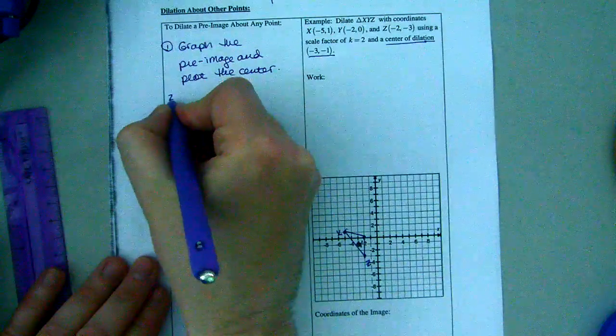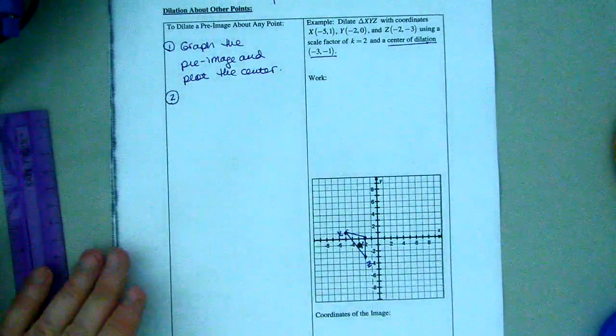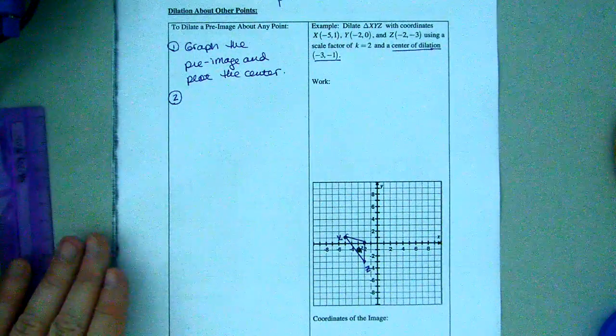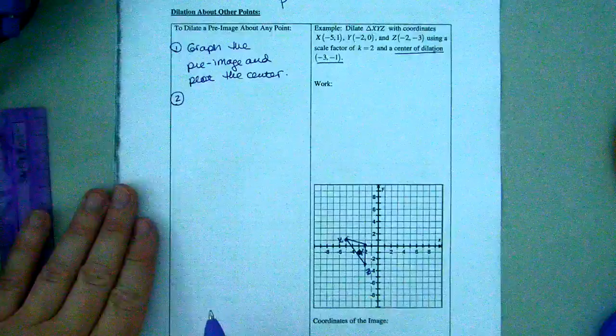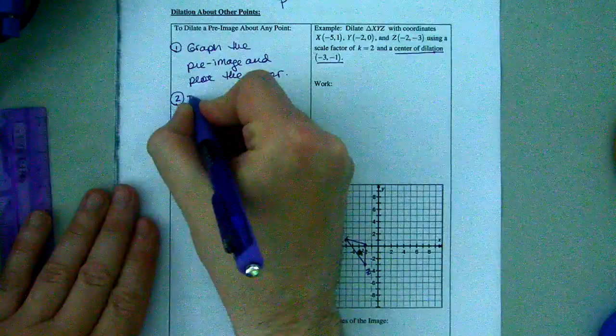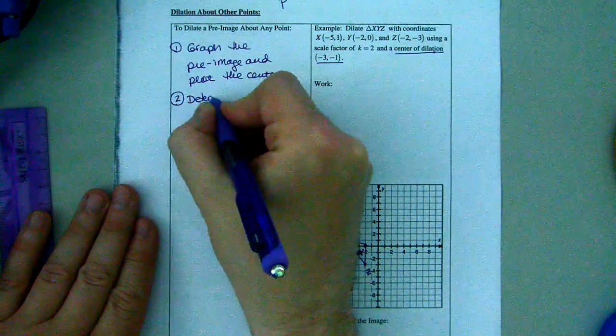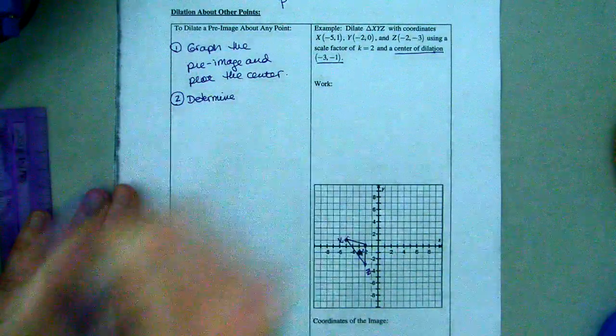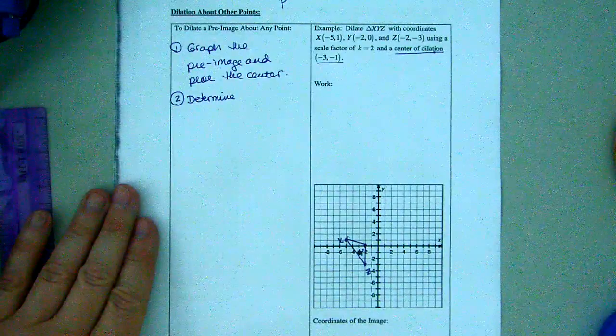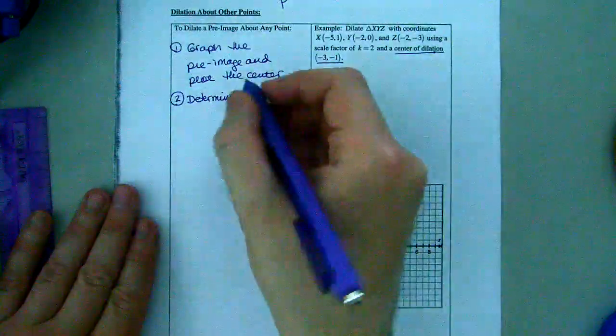This is definitely more involved than yesterday. Yesterday we just had to multiply our coordinates by the scale factor. A little different here. Step 2, I need to determine how far left and right and up and down each point is from the center of dilation.